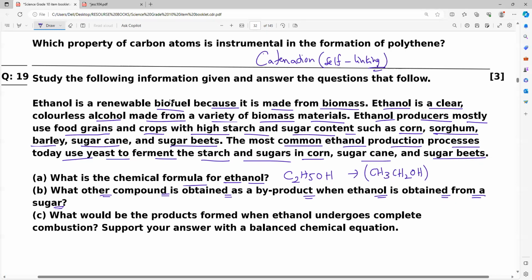From the sugar. It is a biofuel. That's what I'm asking. Anybody? Fermentation reaction.